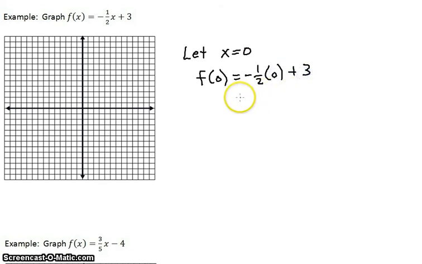I plug in that x value and evaluate it and I get 0 plus 3, or 3. So I get a value of 0 comma 3. So that's my first point. I'm going to plot that point right there, 0 comma 3.